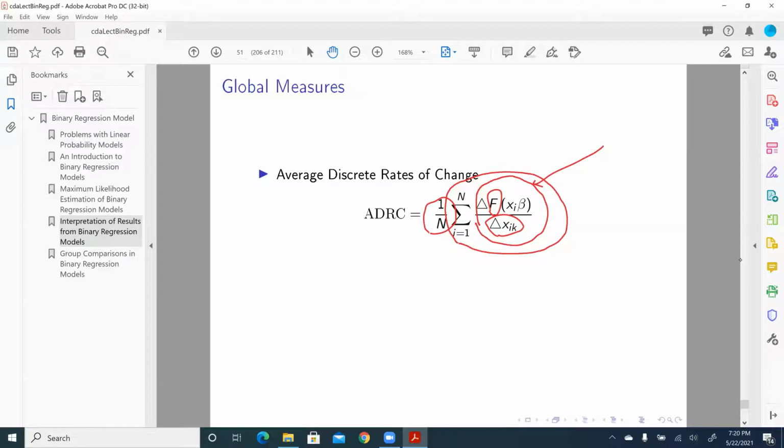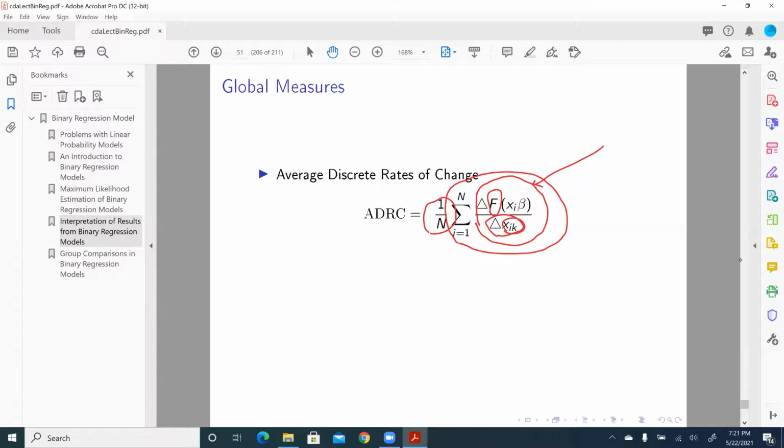So here is xk, okay? And then what we're going to do is, we could do multiple things. We could fix xk starting point at a certain point and change by fixed amount. Or sometimes, we start at basically the observed value of xk for every single case.